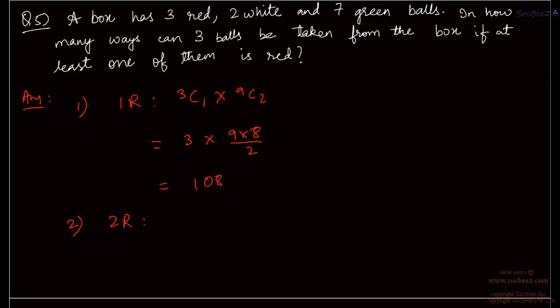Now, suppose we take 2 red balls. Since I am choosing 2 red balls out of a possible 3 red balls, this can be done in 3C2 ways, right? And again from the 9 different balls, it's not important to write 9C1, but just for clarification, you should know how this comes. Out of those 9 balls, you can choose one of them in 9 ways. This is 3C2 into 9, that is 27.